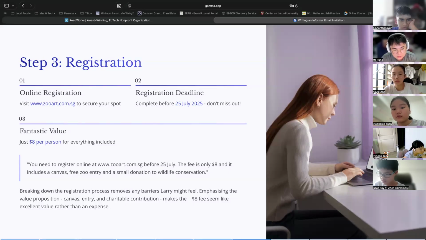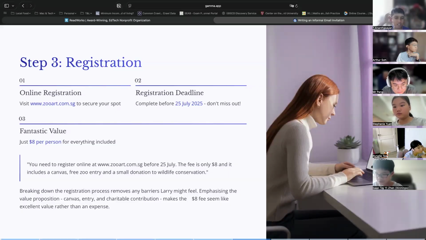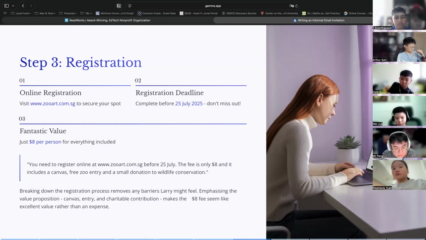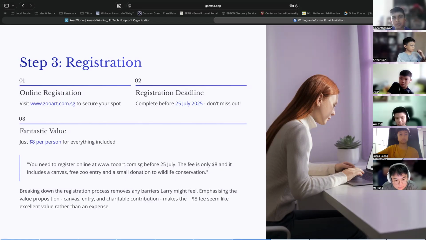Anyone? Why am I saying only $8 and then including the fact that it includes a canvas, free zoo entry, small donation? What am I trying to do here to my cousin? There's something I'm trying to do, right? Yeah. Anand, what am I trying to do? Like say that if you pay $8, it will include you the canvas and the free zoo entry.